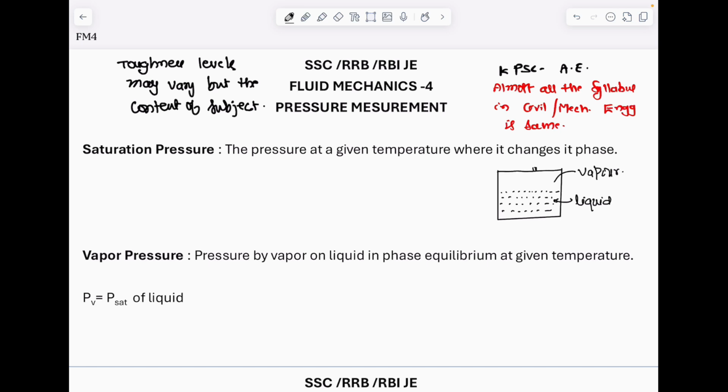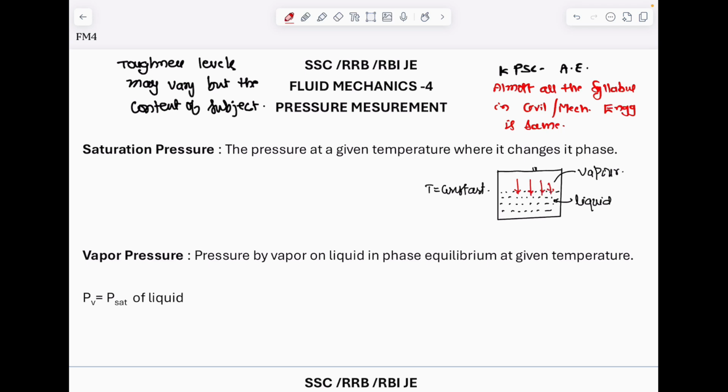When there is equilibrium existing between vapor and liquid at a given temperature, T is equal to constant, we are not varying the temperature, the vapor is exerting some pressure on the liquid.